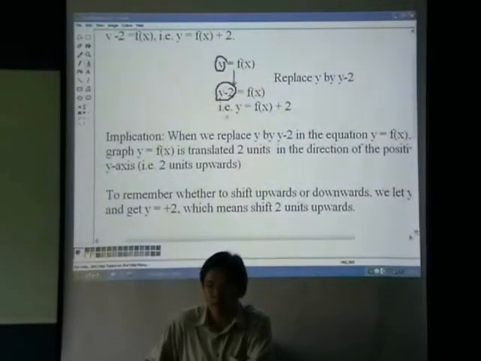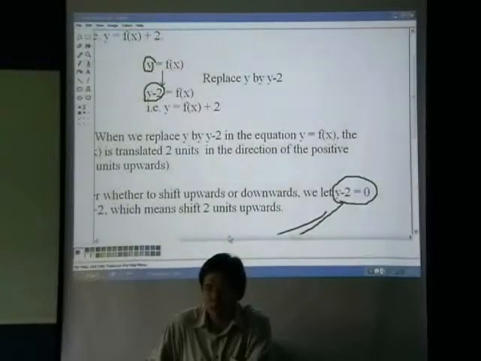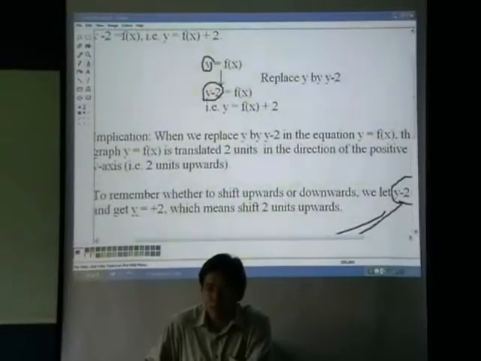Some of us may have difficulty remembering whether it's 2 units upwards or 2 units downwards. So what we can do is, when we replace y by y minus 2, we just let y minus 2 be equal to 0. We equate y minus 2 equal to 0. Then we will get y equal to plus 2, which means that the graph is shifted upwards by 2 units.